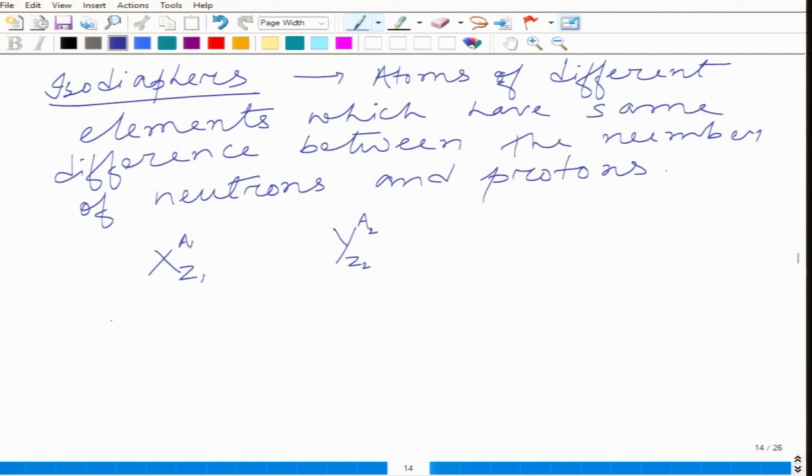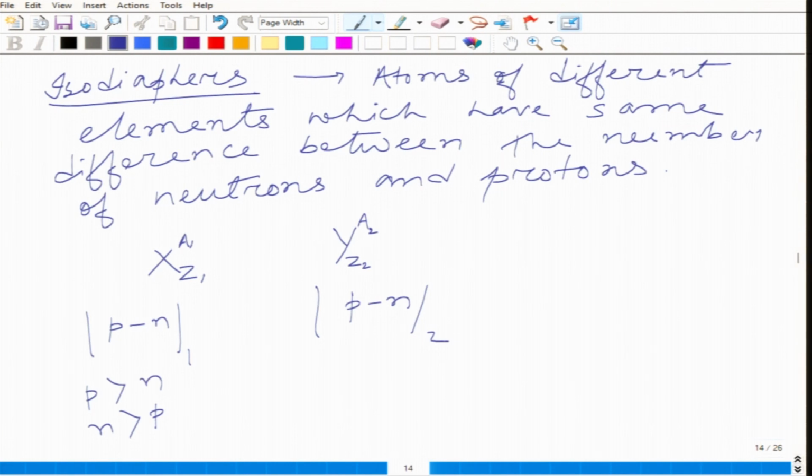Just the same thing will be the difference between the number of protons and the number of neutrons, this magnitude. We are taking the magnitude because protons can also be greater than neutrons, and neutrons can also be greater than protons. So we will consider both situations.